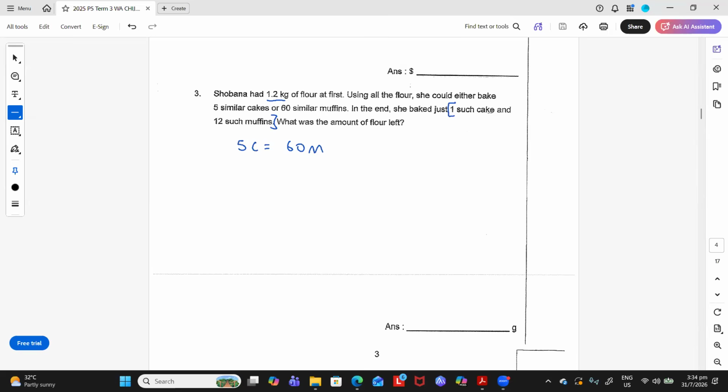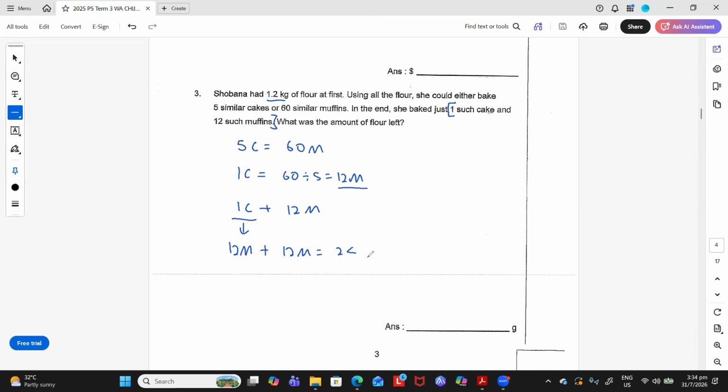So what I'm going to do is convert everything to muffins. So 1 cake is equivalent to 12 muffins. She baked 1 cake and 12 muffins, right? So this 1 cake, I can convert into 12 muffins. So write down 12 muffins plus, don't forget to add this 12 muffins.